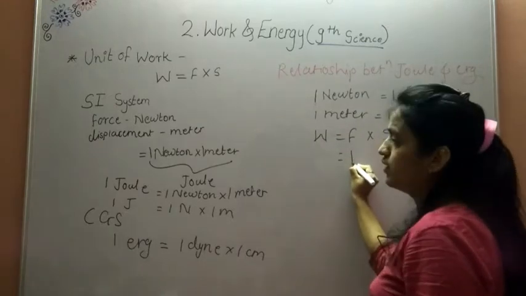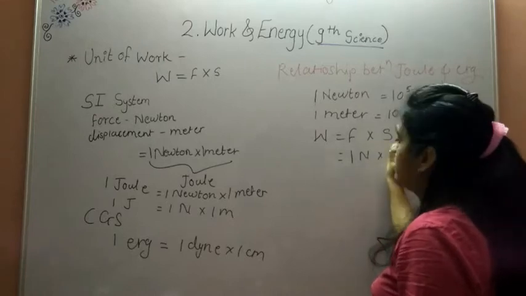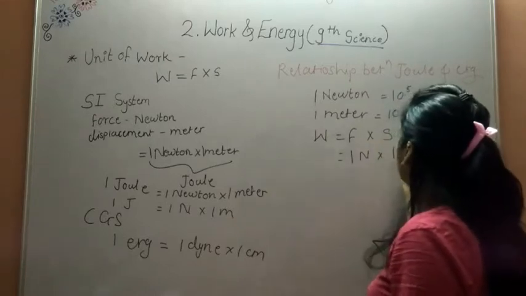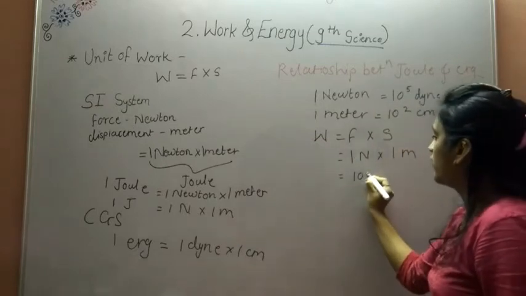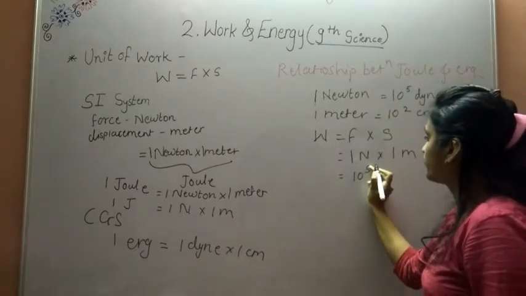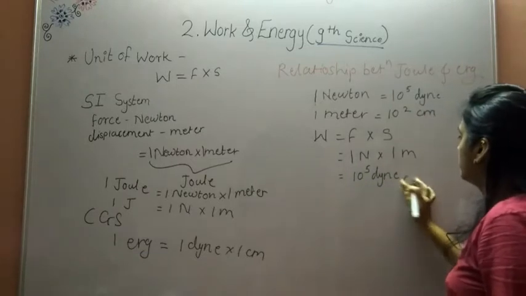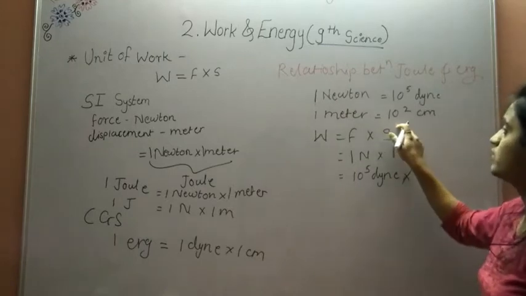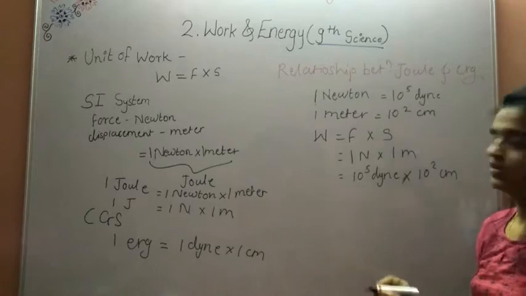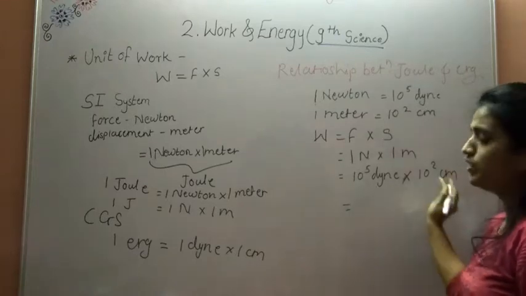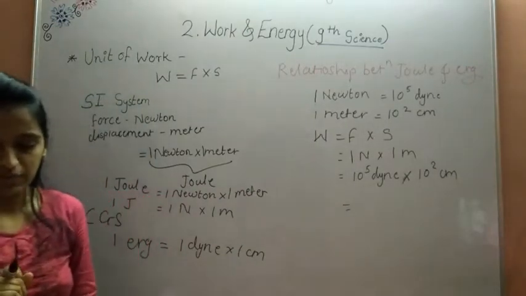So force is 1 Newton, into S, in the SI system 1 meter. 1 Newton is equal to 10 raised to 5 dyne, and 1 meter is equal to 10 raised to 2 centimeter. So next, 10 raised to 5 dyne into 10 raised to 2 centimeter.